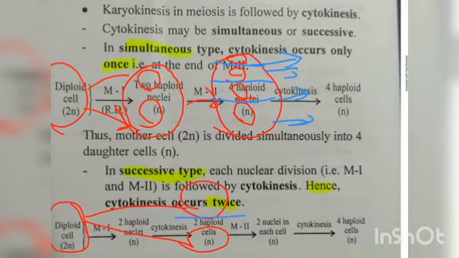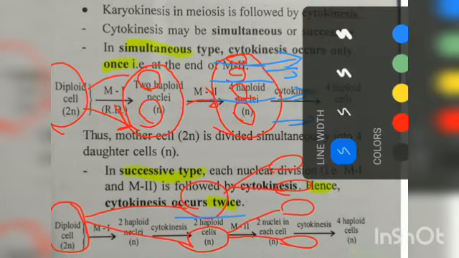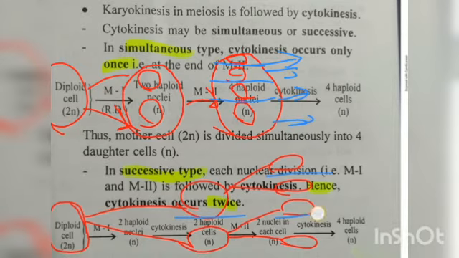Then again one cell splits into its next two daughter cells by again splitting its cytoplasm. So here you can see that the cytoplasm splitting occurs two times, after each division of the nucleus, so this type of cytokinesis is called the successive type of cytokinesis. Clear?